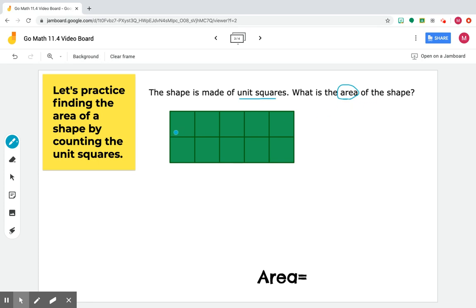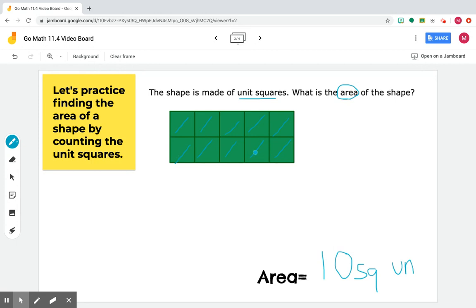And if I count the unit squares, I get 1, 2, 3, 4, 5, 6, 7, 8, 9, 10. So my area is 10 square, which we can abbreviate as SQ units.